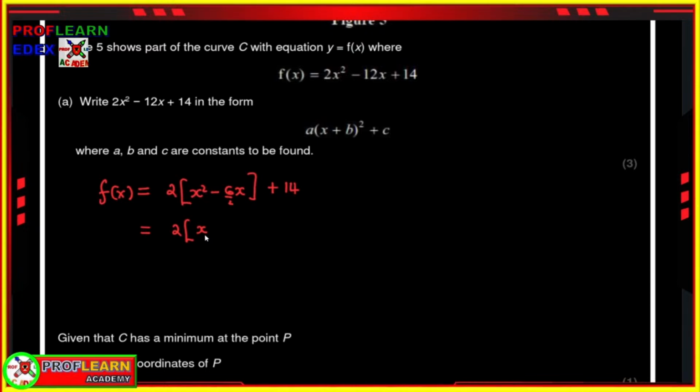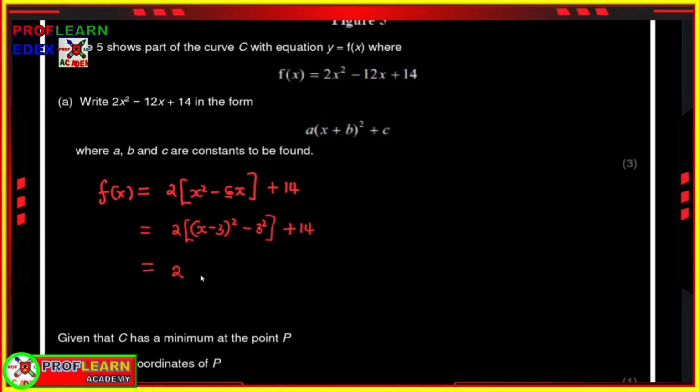So we shall say minus 3 squared, minus the square of this number inside the bracket, that is x minus 3. So minus the square of 3. Don't consider the sign. Even if it was a positive inside the bracket, we are supposed to subtract always.